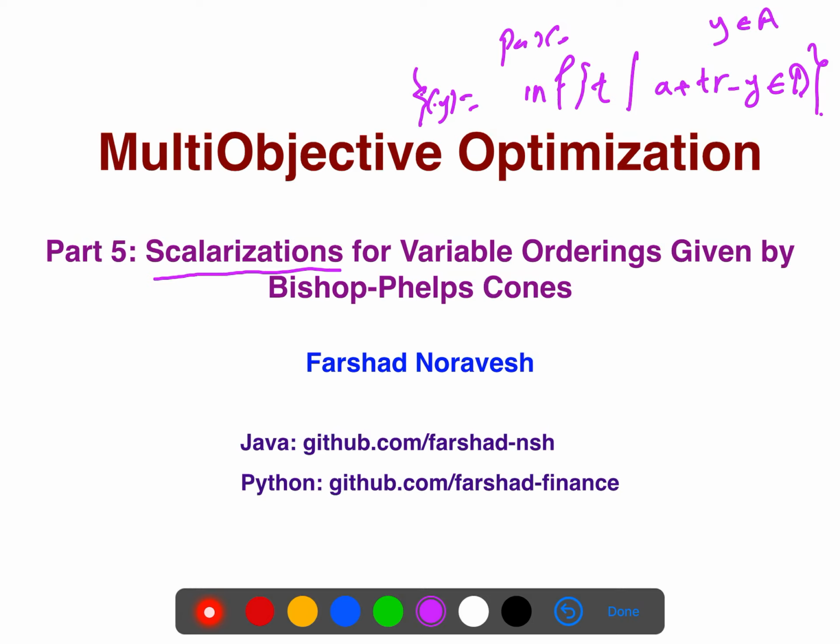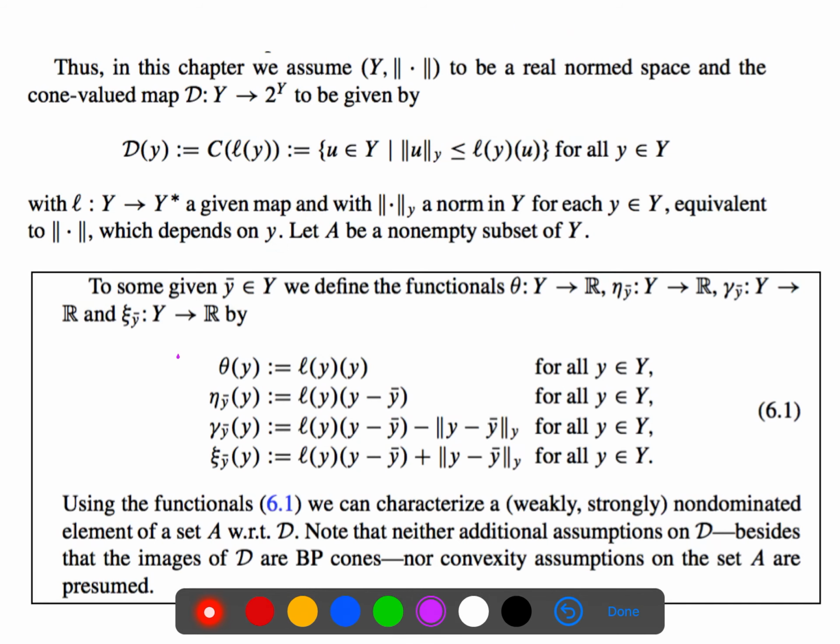But in this lecture I will talk about some more general functionals, such as theta, eta, gamma, and psi, because they have much better properties.